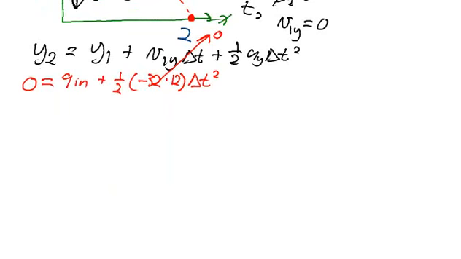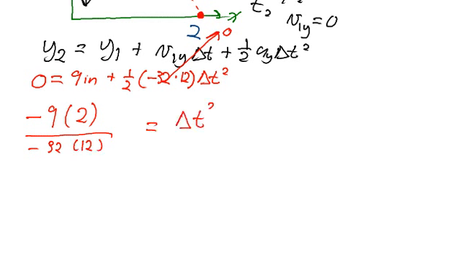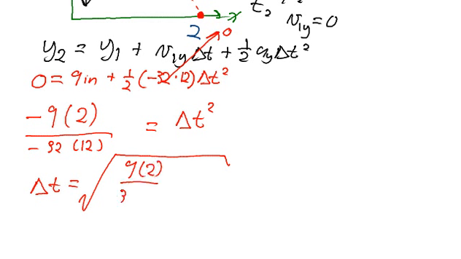I take the 9 to the other side, I get negative 9, and then I multiply by 2, divide by negative 32 times 12, and that will equal delta t squared. So delta t will be the square root of 9 times 2 divided by 32 times 12.